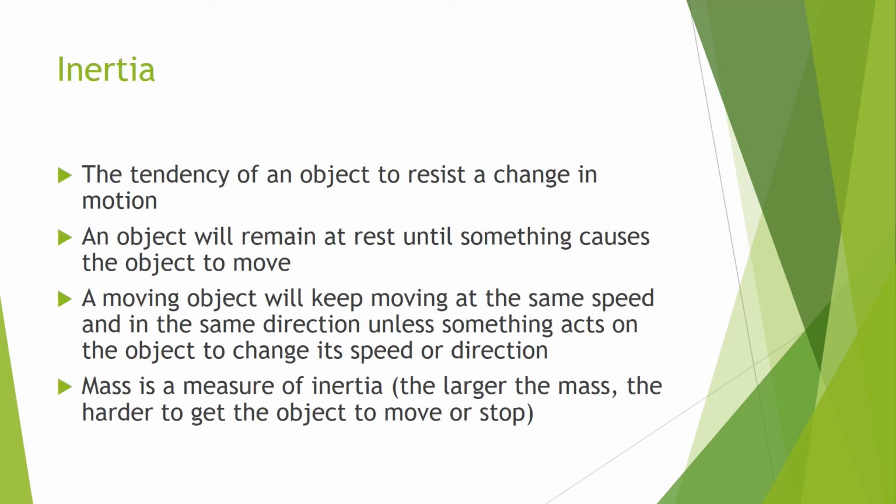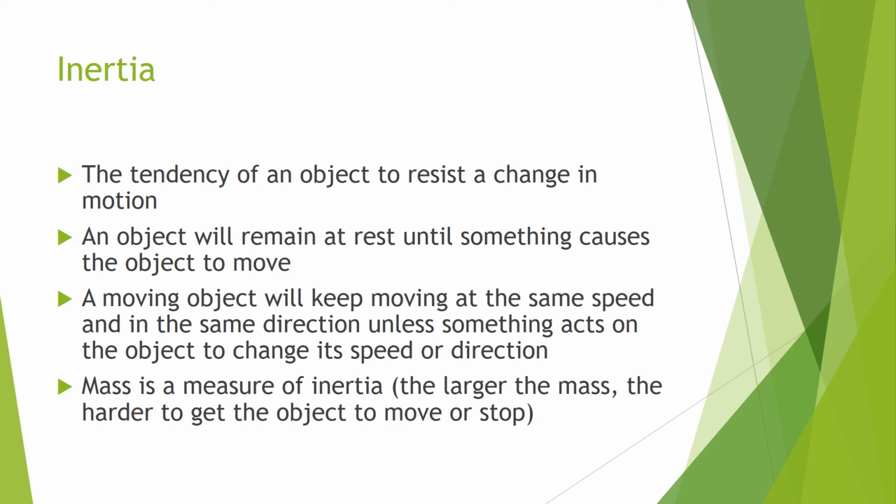Another property that all matter has is inertia. So again, this is something we really get into with physics, but all matter has a tendency to resist a change in motion. So an object at rest will stay at rest unless something causes it to move, and if an object is moving, it's going to keep going at the same speed and same direction unless something else acts on it to change that speed or direction.